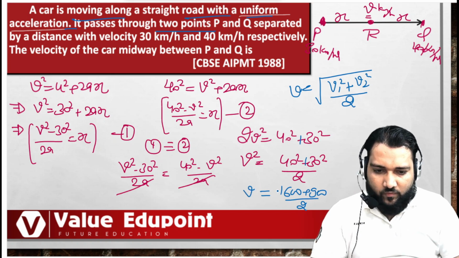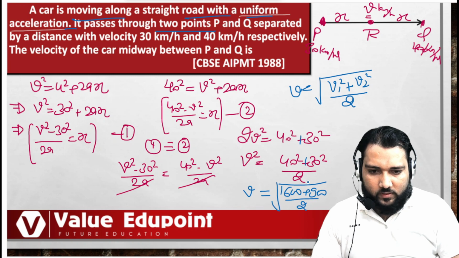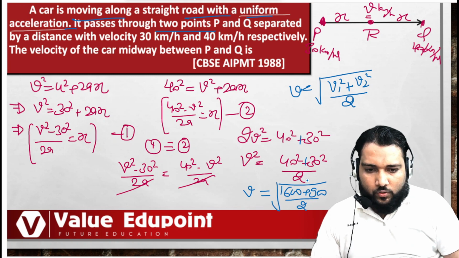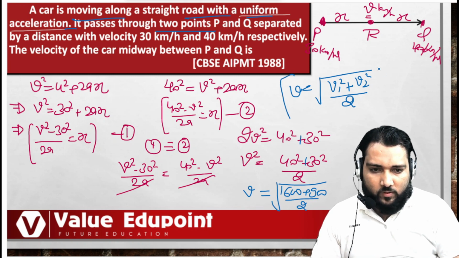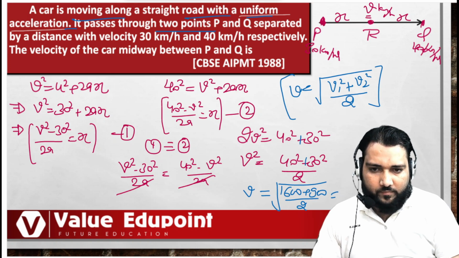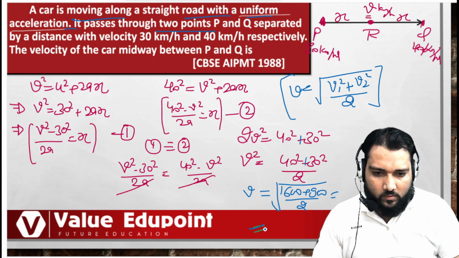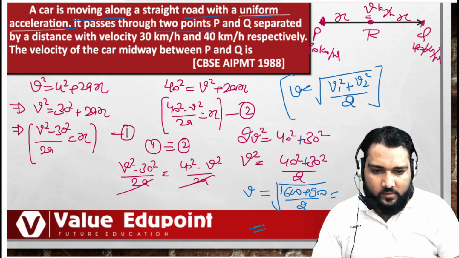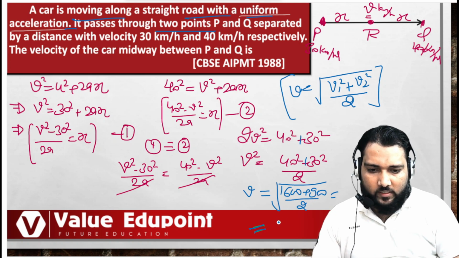So this is v, or we take the under root of this. Is it okay, guys? This is the general formula. When you further solve this, 16 plus 9 is 25, so it will be 50 upon root 2. This is the midway velocity. Is it okay, guys?